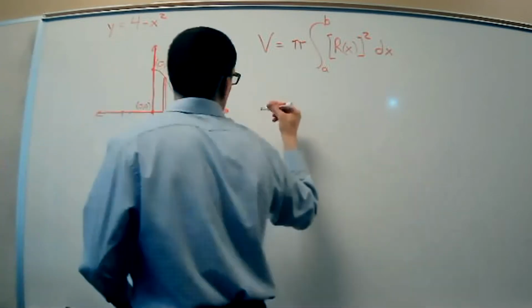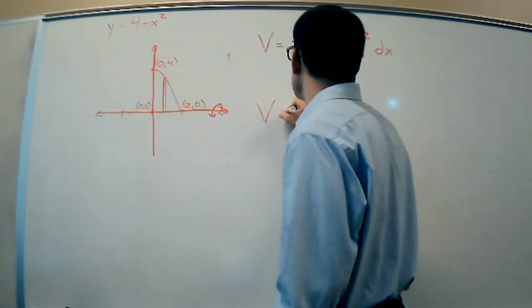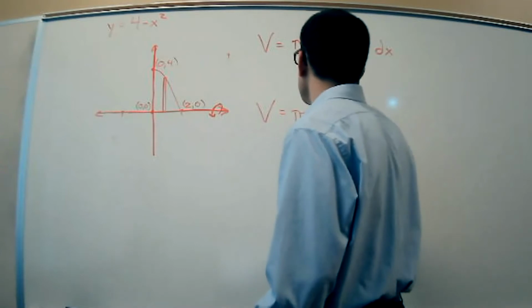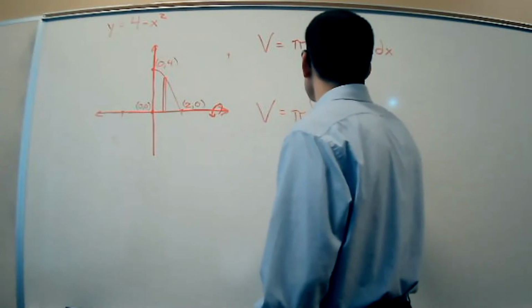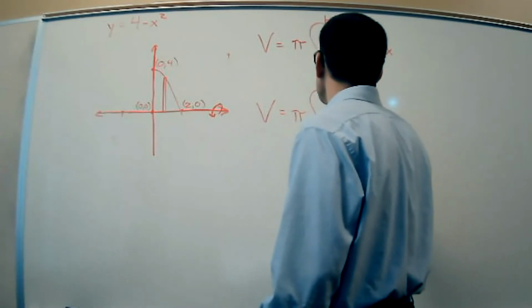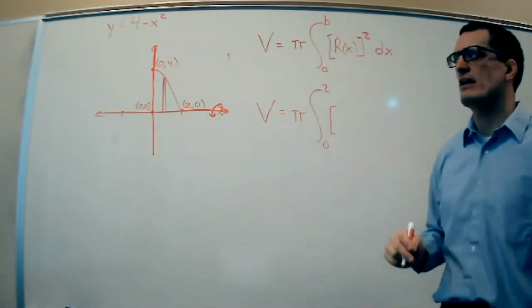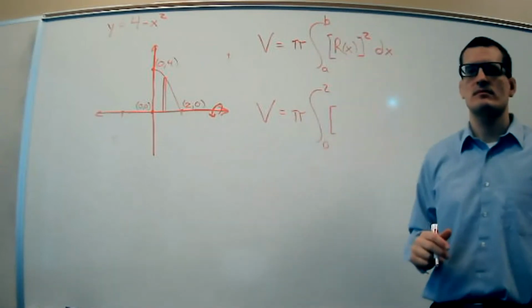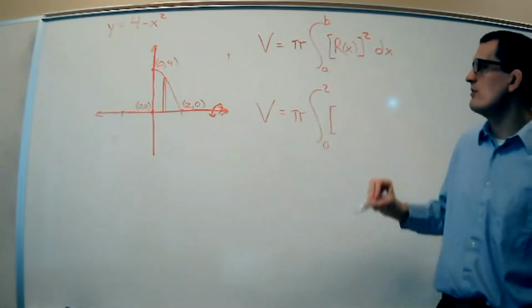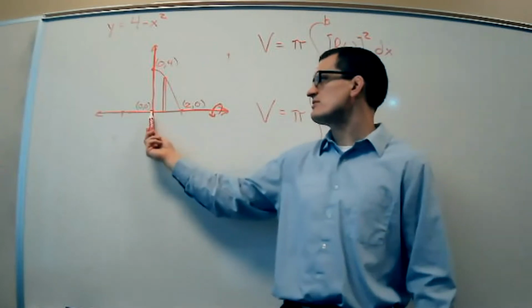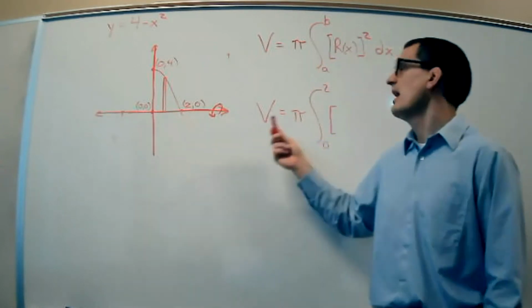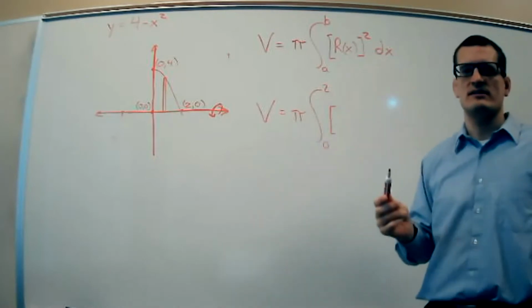So the value is going to be pi, integrate from 0 to 2, some radius squared. So the bounds are going to go from 0 to 2 because our x values went from 0 to 2, and we were integrating with respect to x.